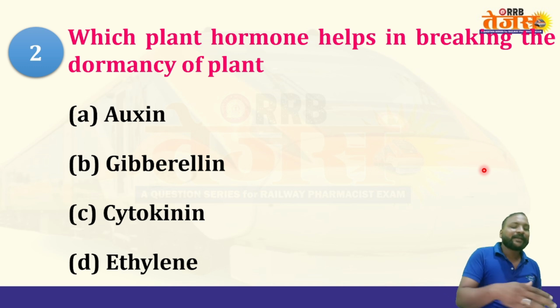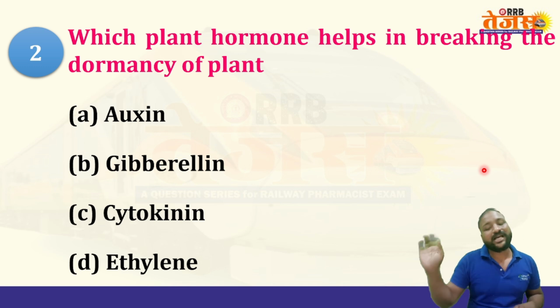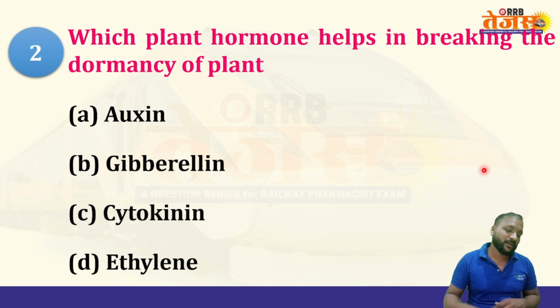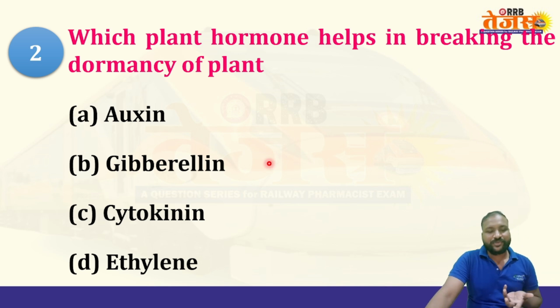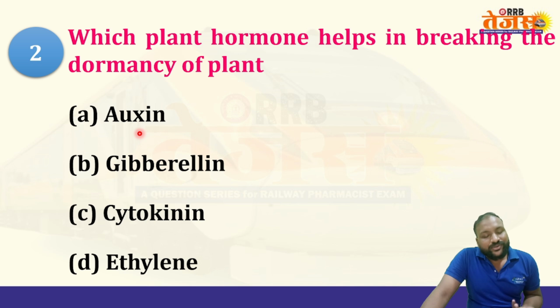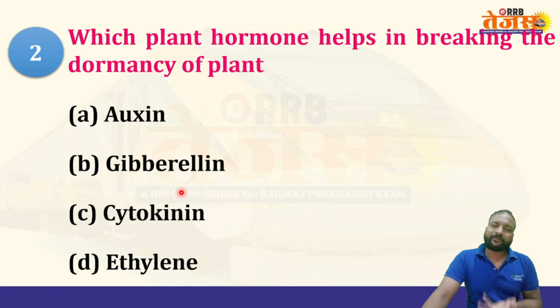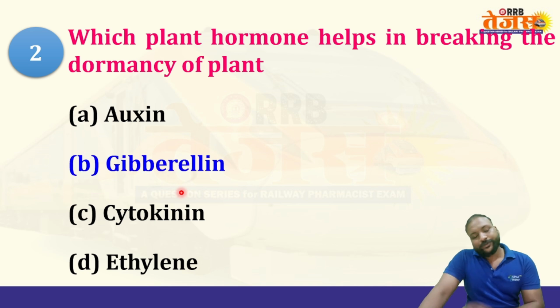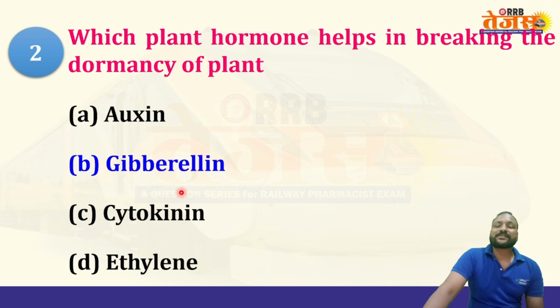Among the four options: auxin, gibberellin, cytokinin and ethylene, which plant hormone breaks the dormancy? Option B is correct.